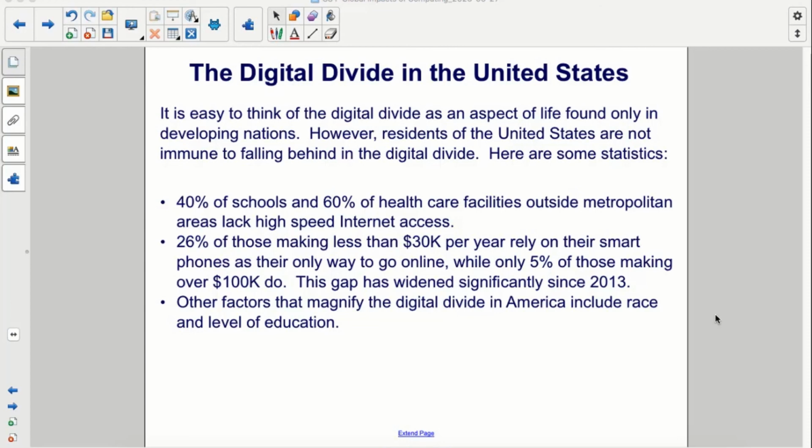Here are some statistics. 40% of schools and 60% of healthcare facilities outside metropolitan areas lack high-speed internet access. 26% of those making less than $30,000 per year rely on their smartphones as their only way to go online, while only 5% of those making over $100,000 do. This gap has widened significantly since 2013. Other factors that magnify the digital divide in America include race and level of education.